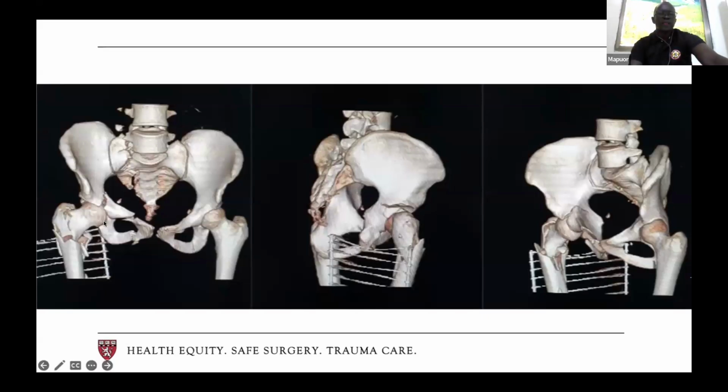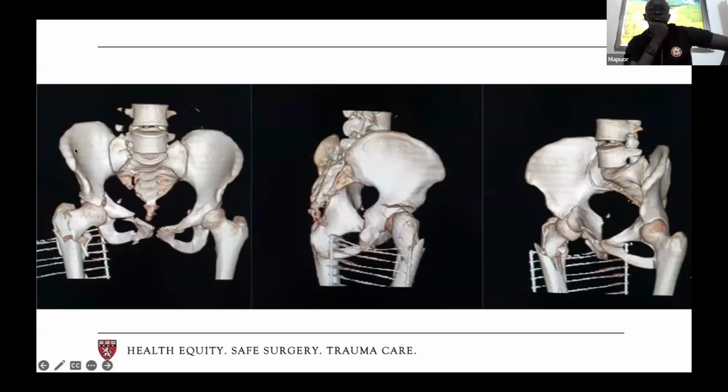So the fragments were, if we can see it on the 3D probably. Yeah, so to address the anterior column fragment and at the same time address the superior rami component, I think it would be reasonable enough to put a suprapectineal plate. Otherwise, I agree, probably adding an infrapectineal plate could add to the stability of the fixation.